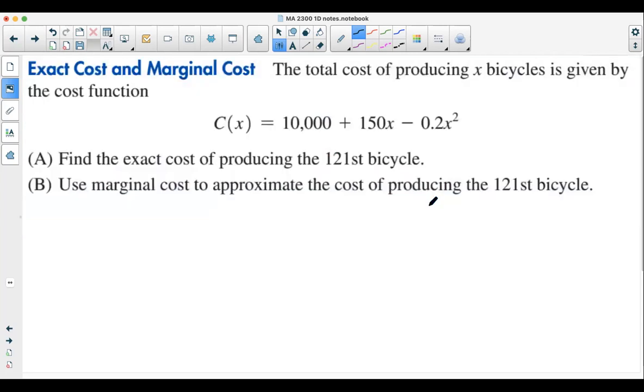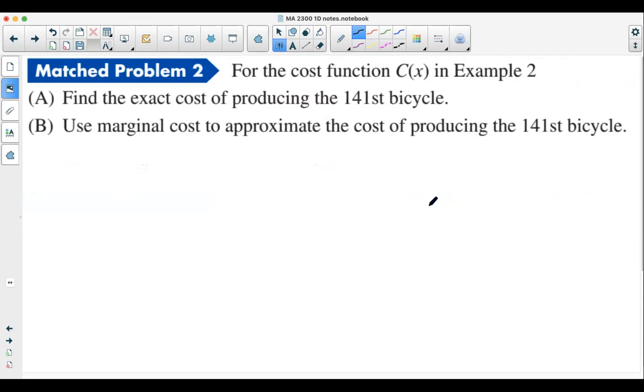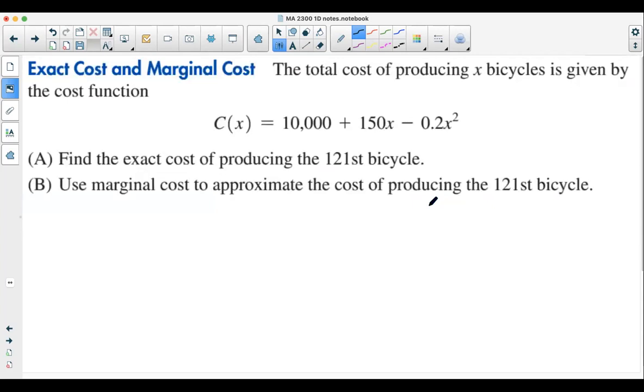So this is the same kind of question that we've been doing so far. I'm going to skip this question, and I'm just going to ask you to do this other question as practice. How about that?